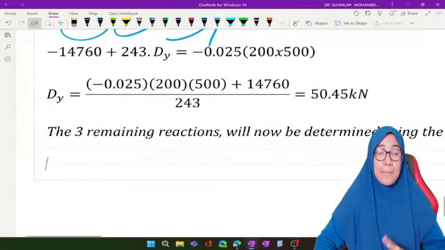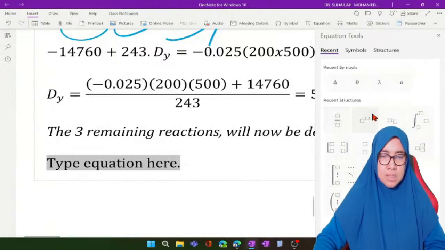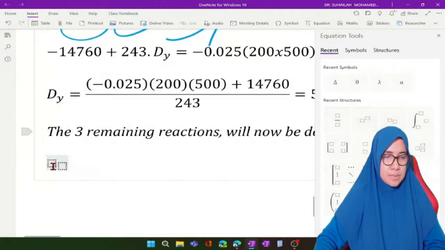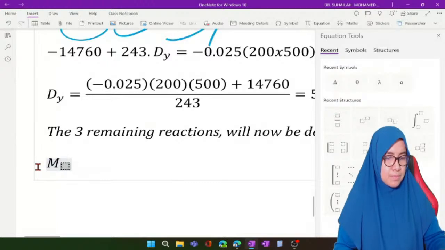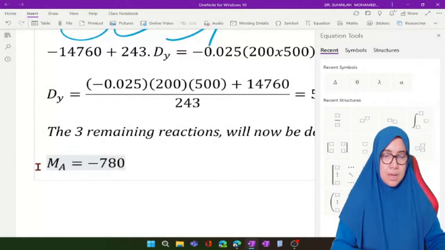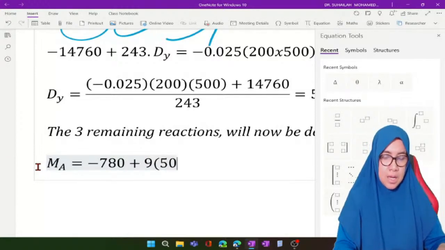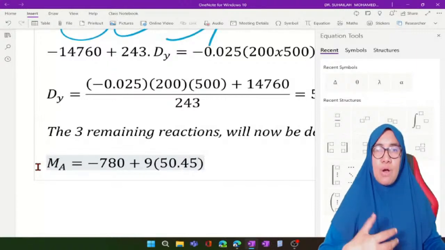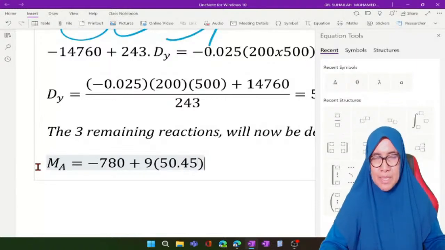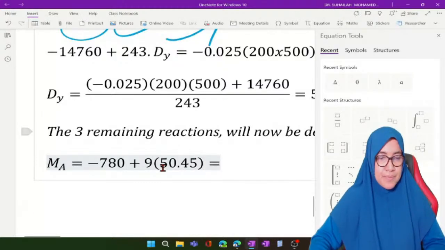Okay. So MA. MA equal to negative 780 plus 9 times 50.45. Of course, you can recheck using equilibrium equation. Please calculate, recheck using equilibrium equation. Do you get the same answer?